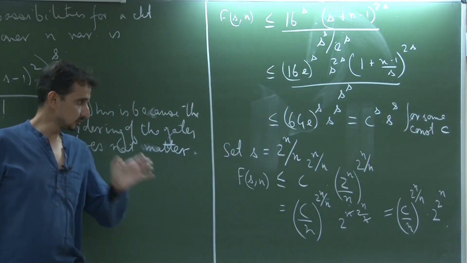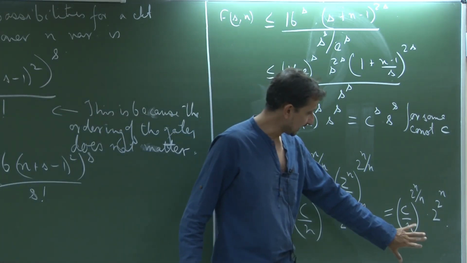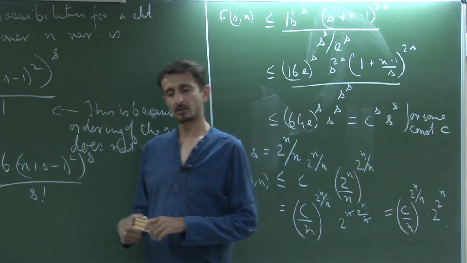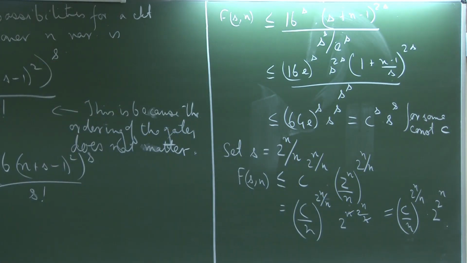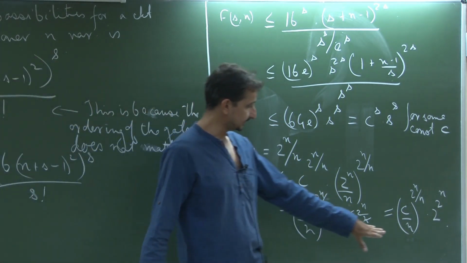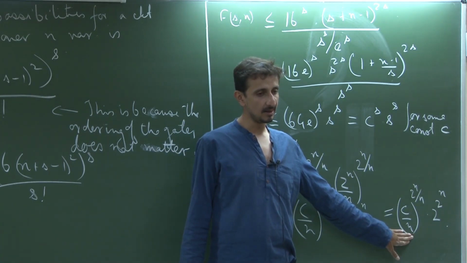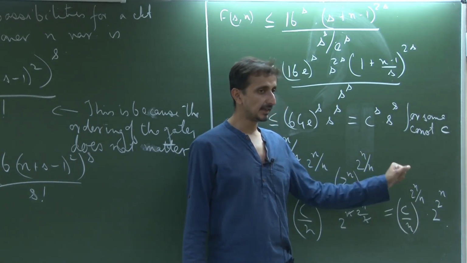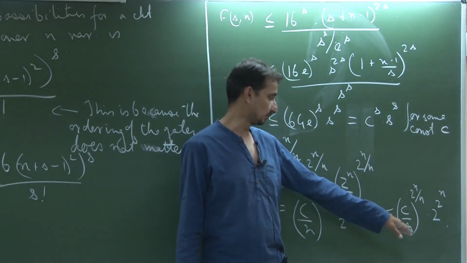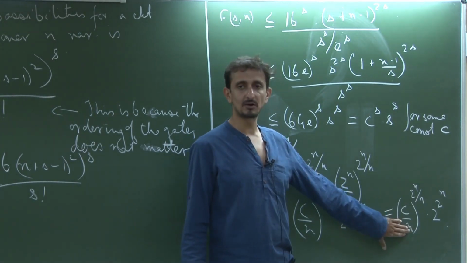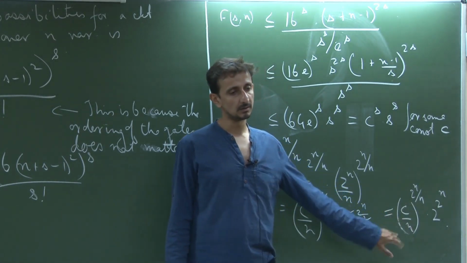Okay. So, what can we now say about this quantity on the left hand side? Any guesses? c is a constant, n is an arbitrary quantity. In fact, we assume n to be sufficiently large. So, what can we say about this?